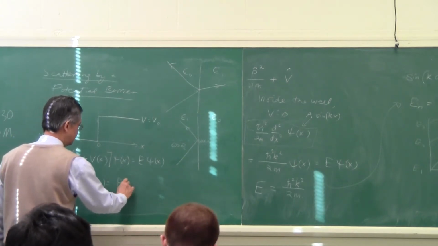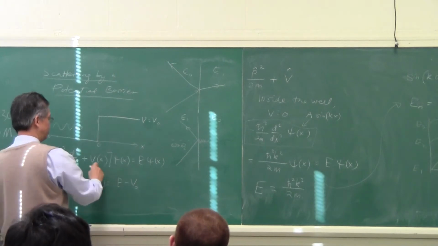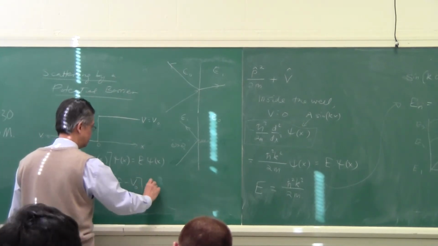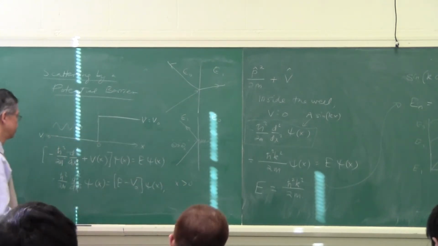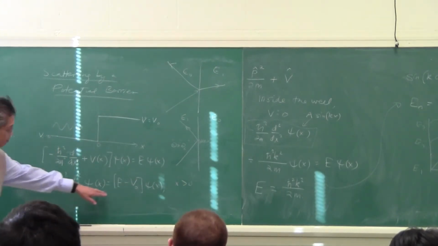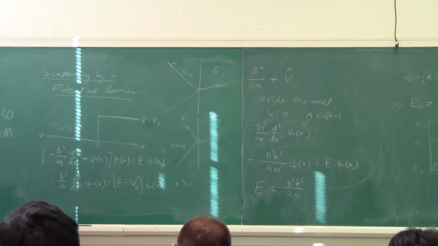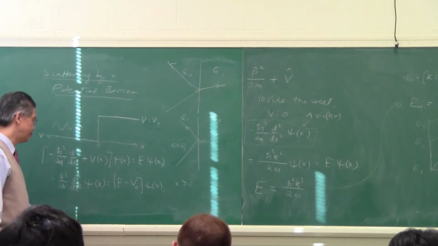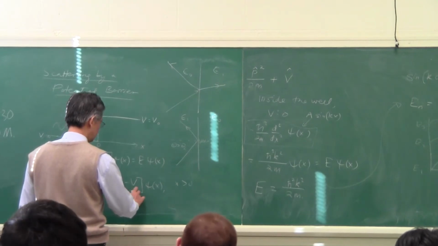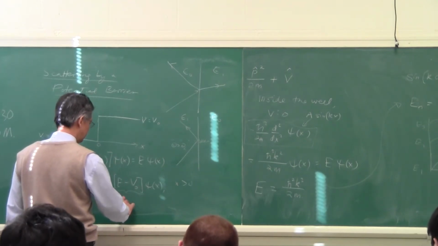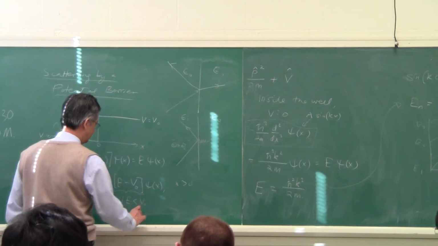It's equal to E minus V naught, because V is equal to V naught to the right side, where x is larger than 0. So to the left is just without V naught, and to the right you have V naught. And it's possible that the right hand side can become negative. What happens if E is less than V naught on the right hand side?